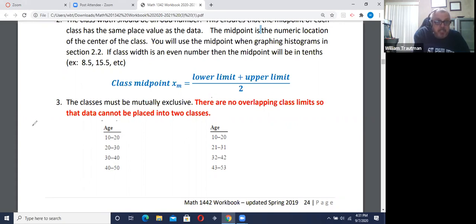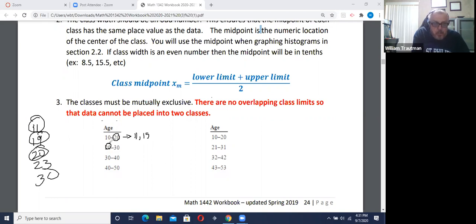Let's say I have some data: 11, 19, 20, 23, 30. 11 falls into this category between 10 and 20. 19 falls into this category. 20, well, 20 could go here or go here if these are class limits. Do you see? So this is not a good set of class limits.